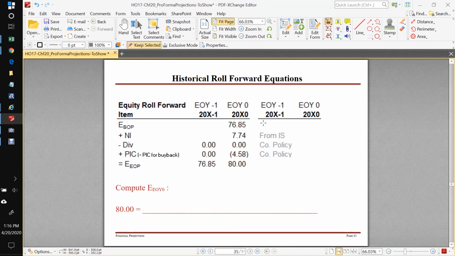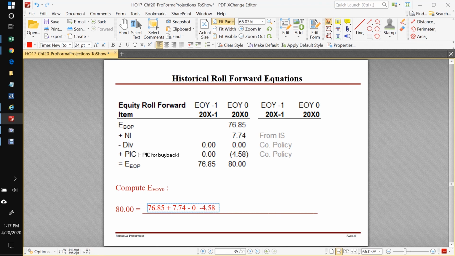All right, so let's look at our historical roll forward equations now. Again, we have equity beginning of period plus net income minus dividends plus paid in capital equals equity end of period. You can see equity end of period for the most recently reported year was equal to 80, and that's equal to 76.85, the equity at the beginning of the period, plus the net income of 7.74, minus 0, because they haven't been issuing dividends, and minus 4.58.